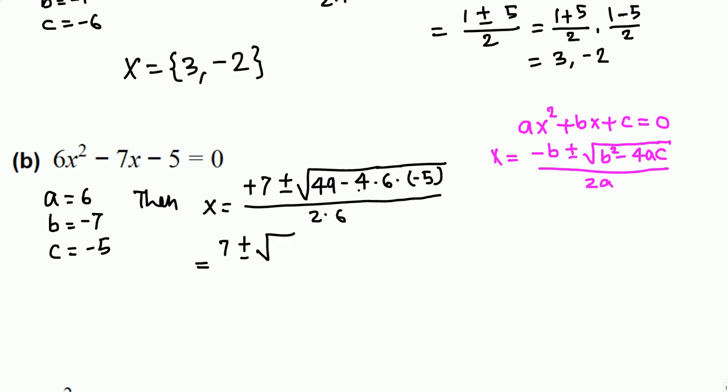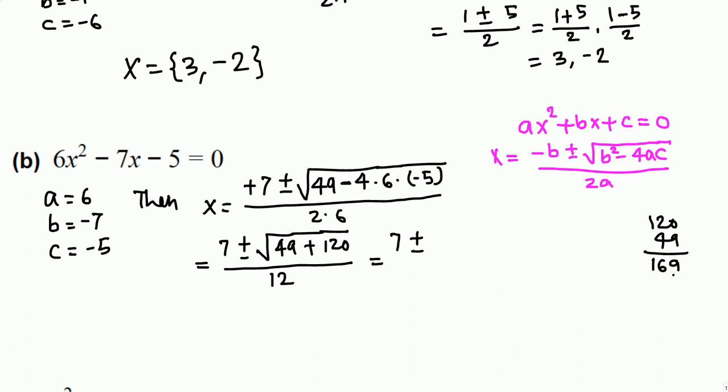Now let's simplify this. 49, we need to multiply first: this is minus and negative, positive, so 49 plus 4 times 6 is 24, 24 times 5 is 120, over 2 times 6, 12. That equals 7 plus or minus the root of 120 plus 49, that's 169.